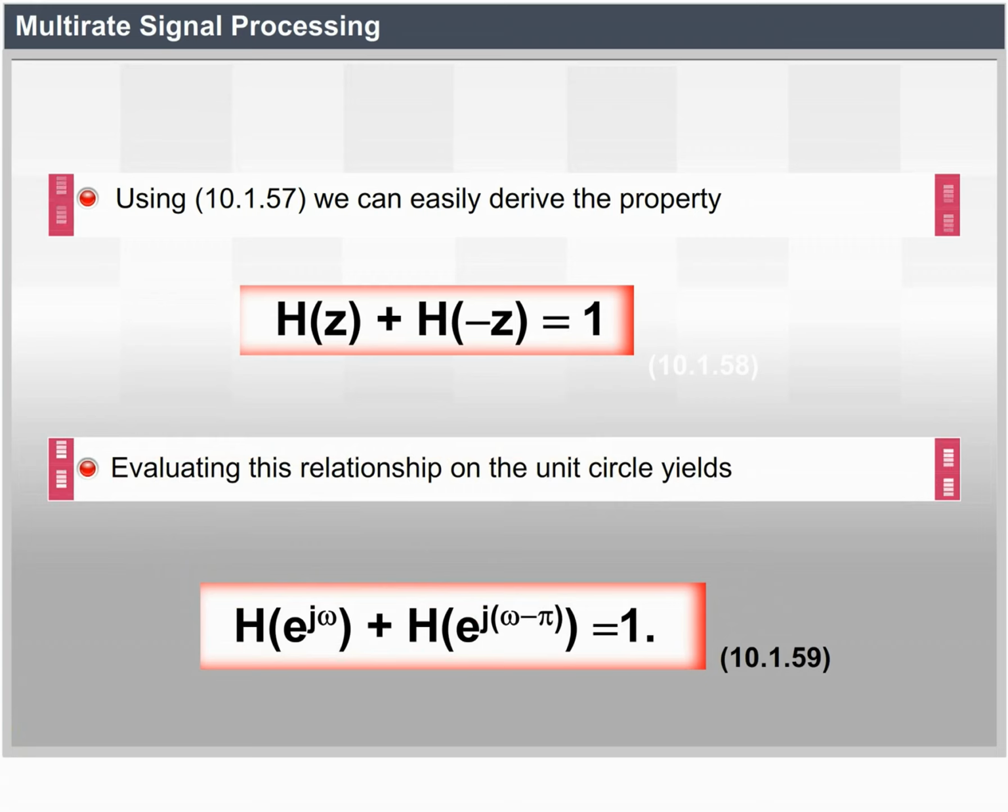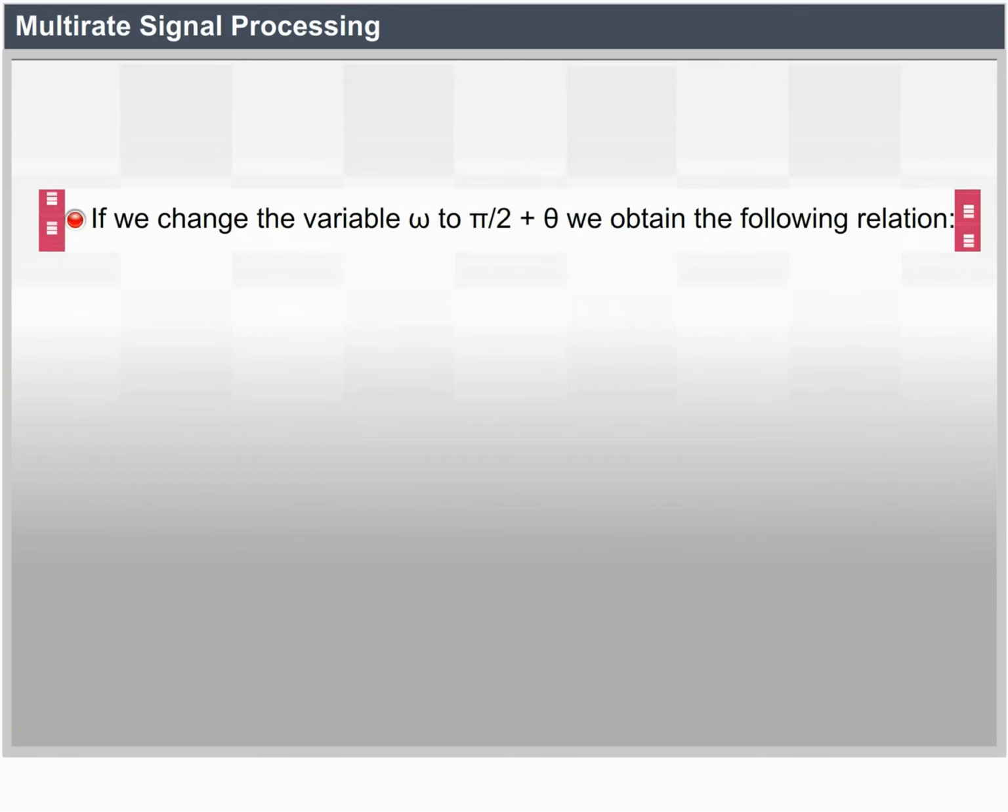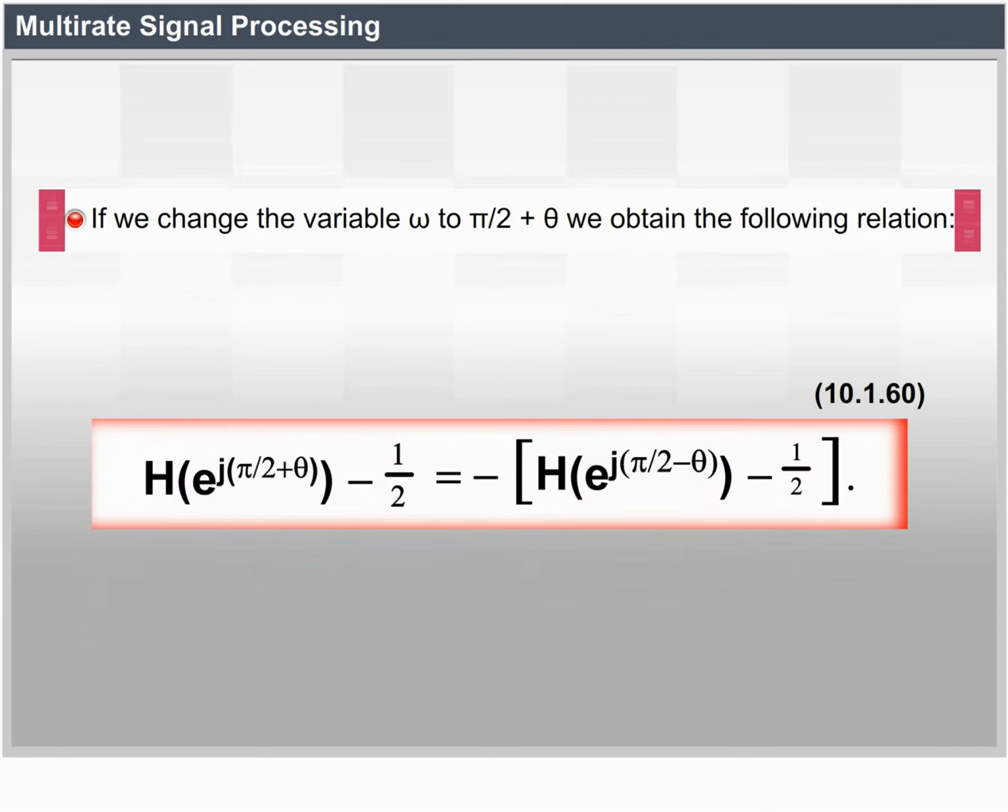If we change the variable omega to pi/2 + theta, we obtain the following relation: H(e^j(pi/2 + theta)) - 1/2 = -(H(e^j(pi/2 - theta)) - 1/2), which is equation 10.1.60.